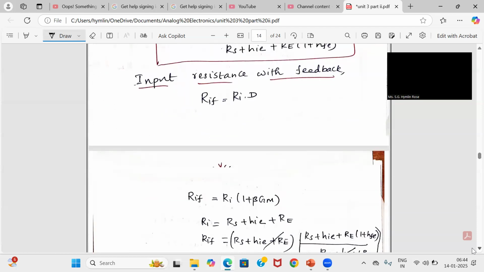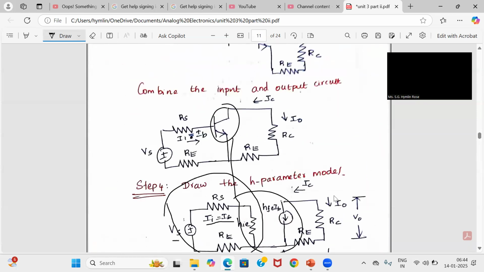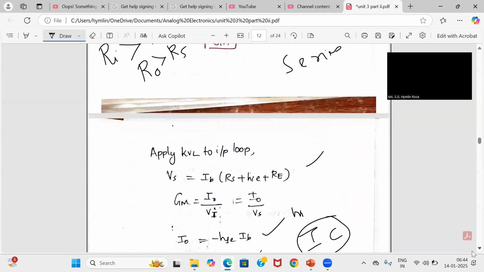You know the value of 1 plus beta GM, the D sensitivity, we have calculated, but how to calculate the input resistance you should know. So input resistance is, from this diagram, what is the input? This is the input path RS, HIE, RE, all in series. So that is nothing but the addition of RS plus HIE plus RE. That is your input resistance RI.